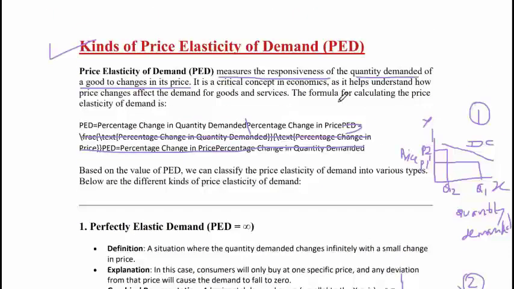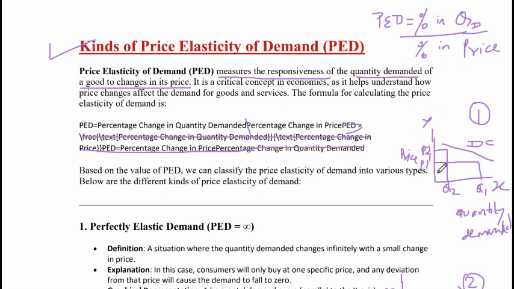Alright, so the formula for calculating the price elasticity of demand is very simple. PED is equal to percentage change in quantity demanded upon percentage change in price. This is a very simple formula.